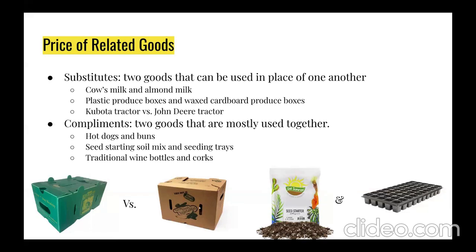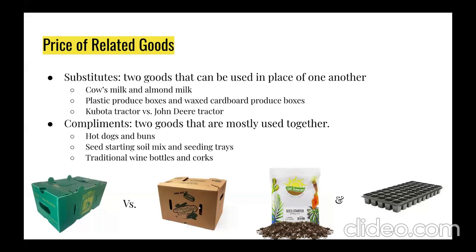So the demand curve will shift inward toward that origin point that we talked about. The demand curve for the plastic produce boxes, however, will shift outward away from the origin point. So that's how substitutes work as far as the demand curve goes. Generally, if the price of a substitute goes down, the demand for the original product will also go down.